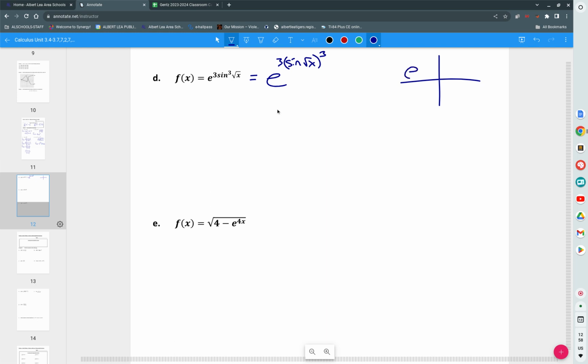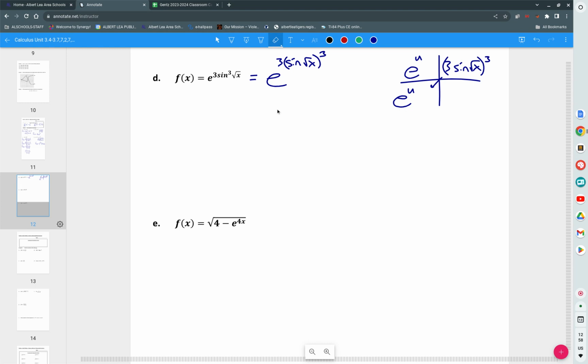So we have e to the u. Then we have 3 sine of the root of x cubed. I know the derivative of e to the u, it's e to the u. But how would I find the derivative of 3 sine of the root of x cubed? Oh, and it's not 3 being cubed, is it?